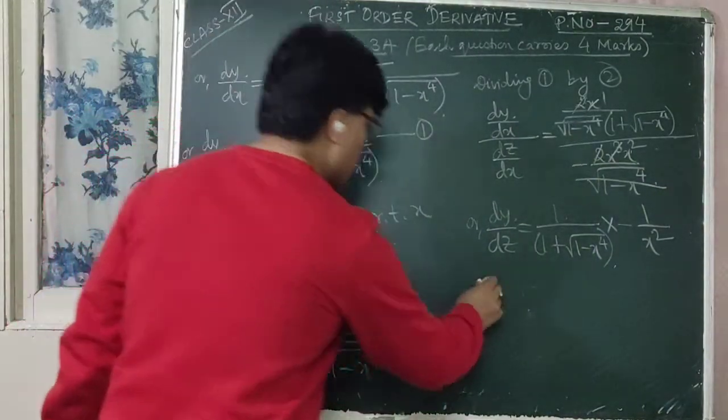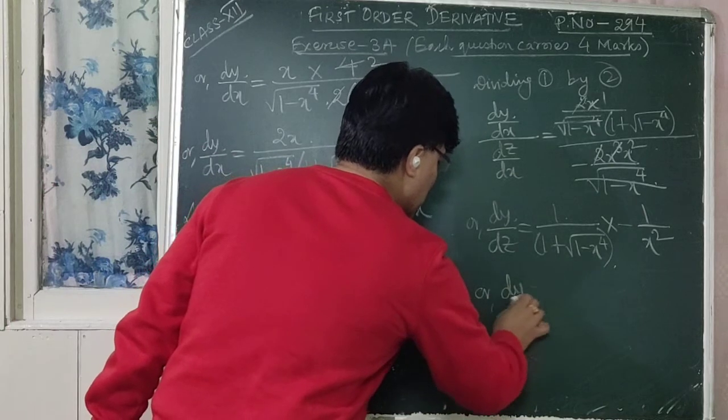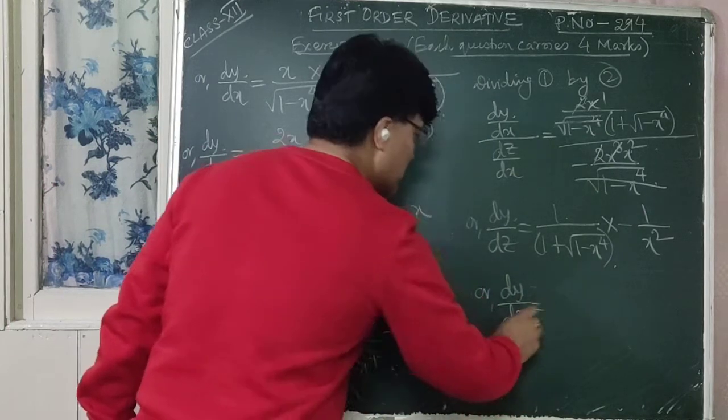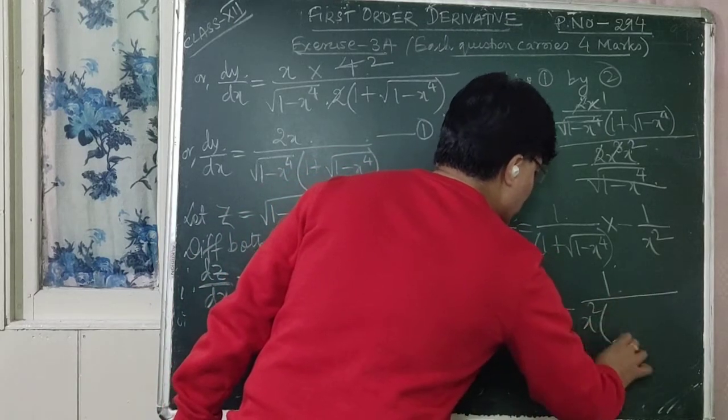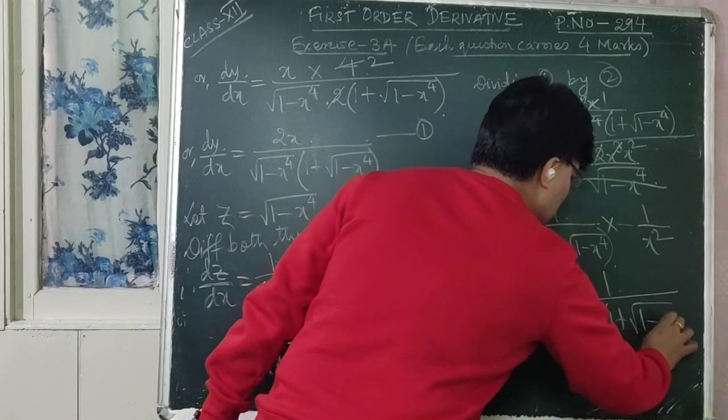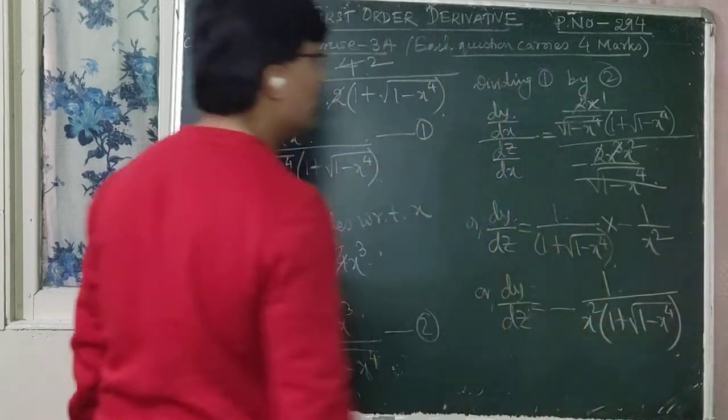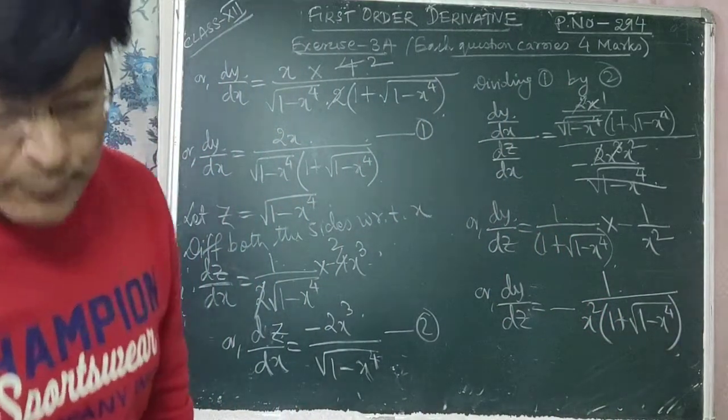So now our dy by dz is equal to, minus sign is taken outside, 1 upon x square within bracket 1 plus root over 1 minus x to the power 4. But what is to be proved here?